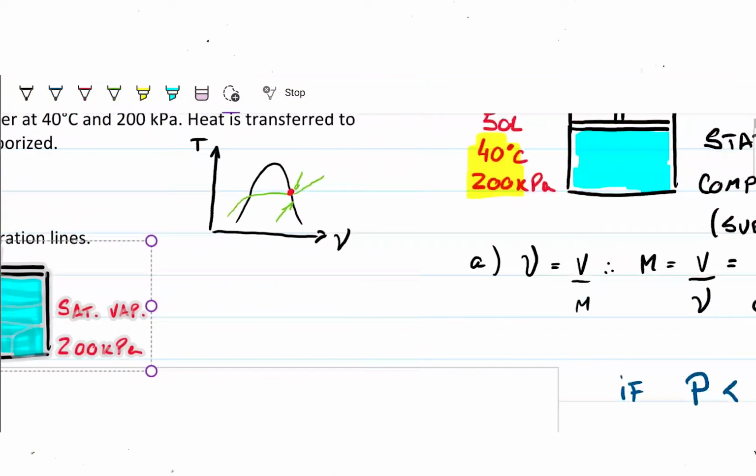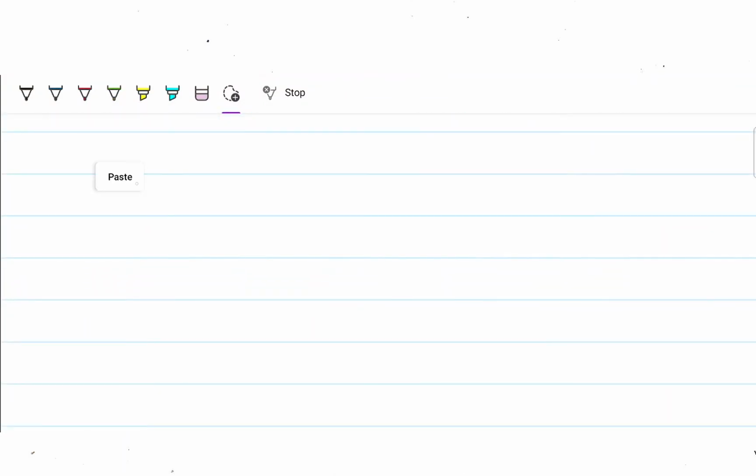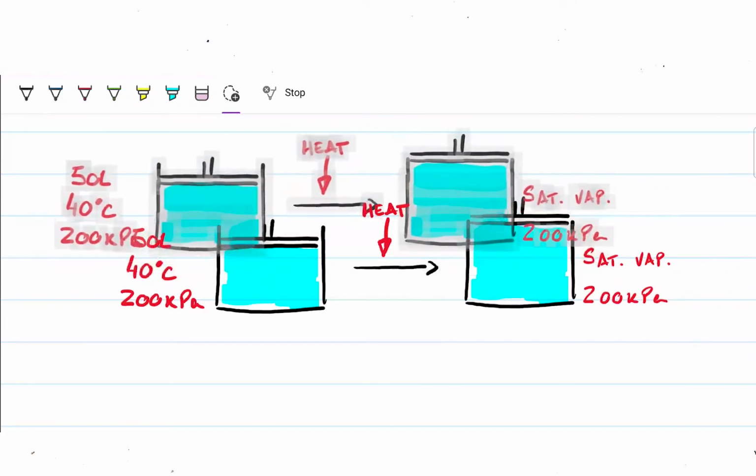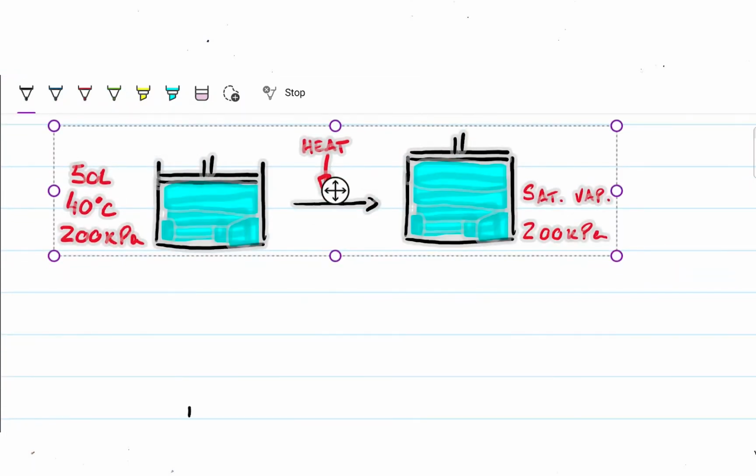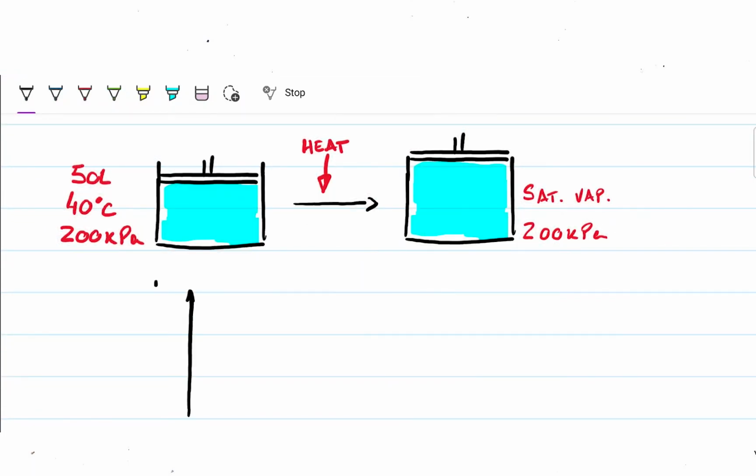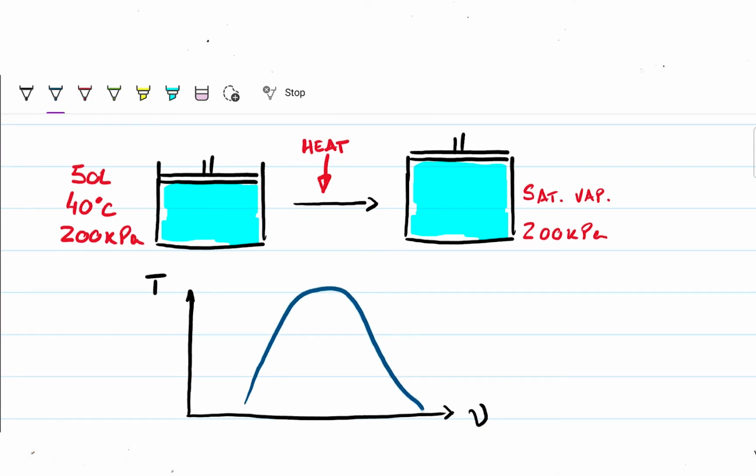Go ahead and copy this. Let's go down here so we have some space. All right, so TV diagram. We have temperature on the y-axis. We have specific volume on the x-axis. And we have our saturation lines, so like this, okay?